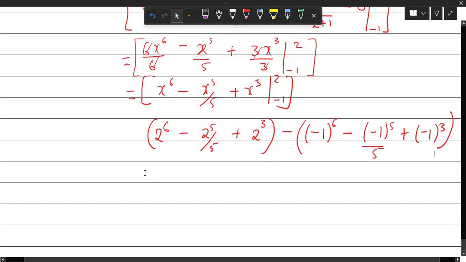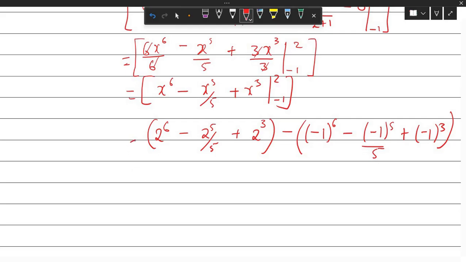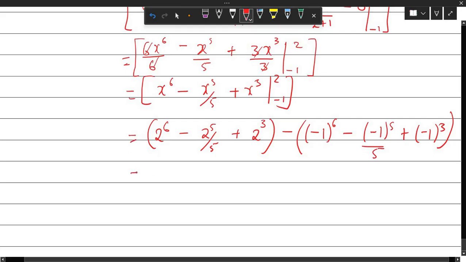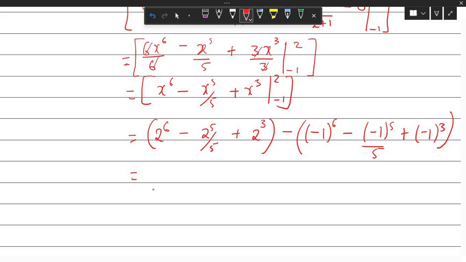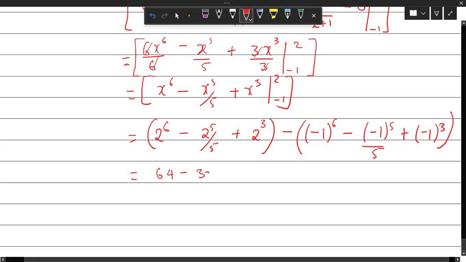Okay, so we simplify a little bit further. So this is equal to 2 to the power 6, which is 64, minus 2 to the power 5, which is 32. So it's 32 divided by 5, minus.